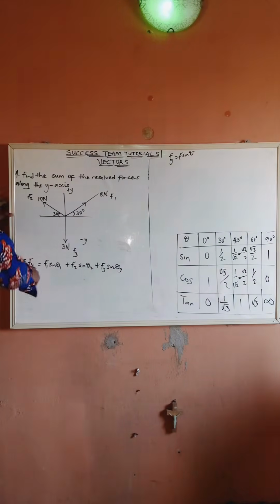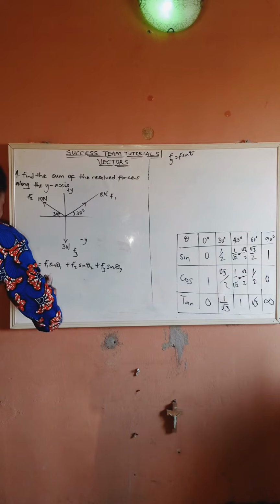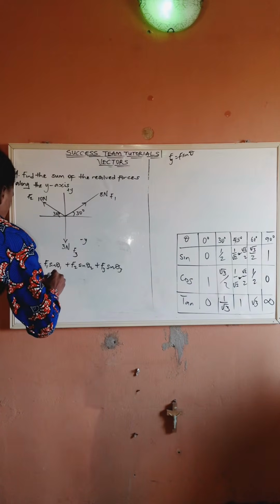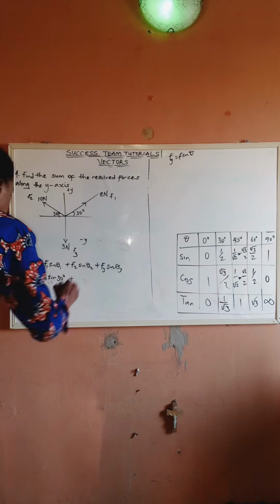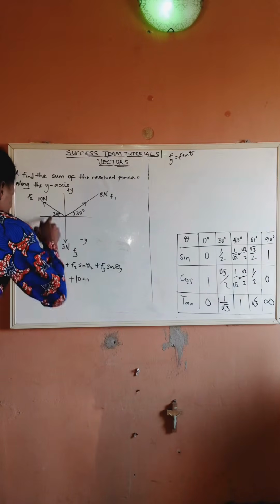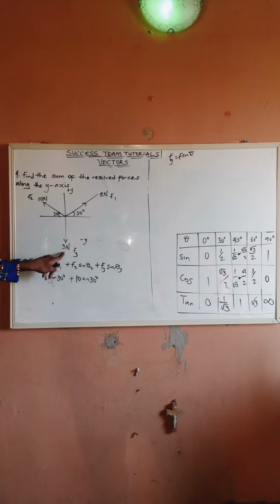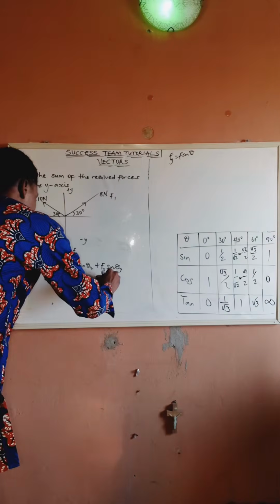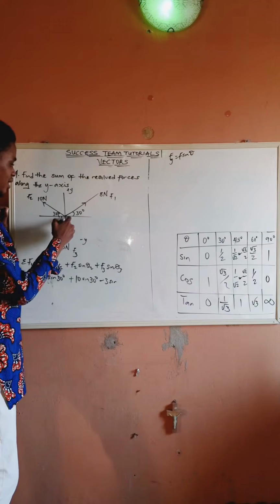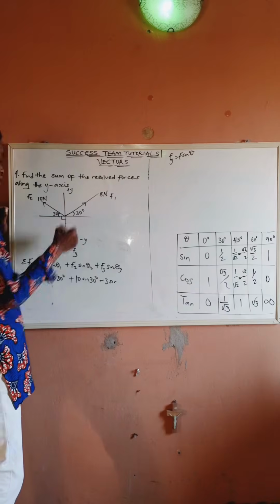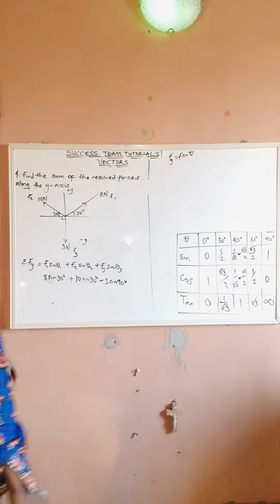F1 in this case is 8 Newton, so 8 sin 30 degrees, plus F2 is 10 Newton, so 10 sin 30 degrees. Since F3 is down, it's going to be minus 3 sin what? What angle is this? This is angle 90 degrees. I hope you grab that. That is very, very simple.